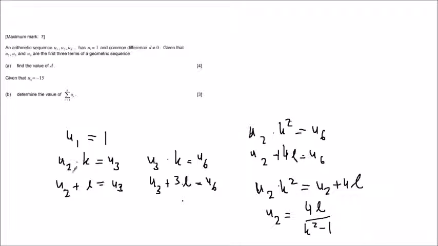Now let's take the u3 scenario. u2 times k is equal to u2 plus L. So if you do this, you'll have u2 is also equal to L over k minus 1.